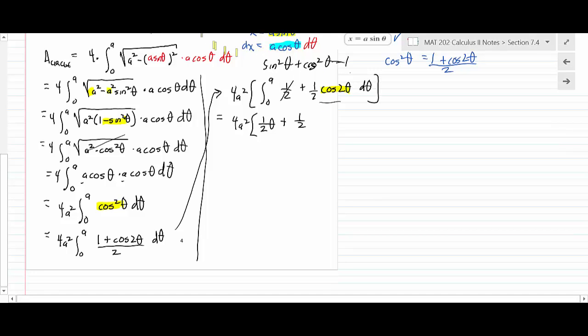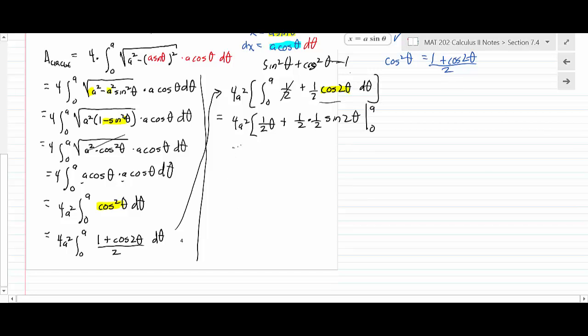I have the 1/2 as the constant, and then the integral of the cosine is another half, and that's sine 2 theta. And then that whole thing gets evaluated from 0 to a.